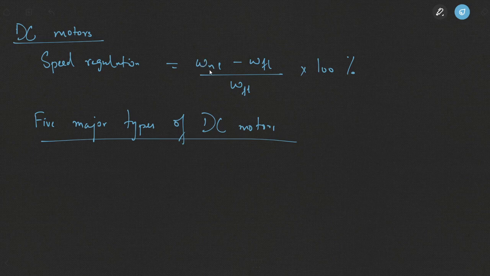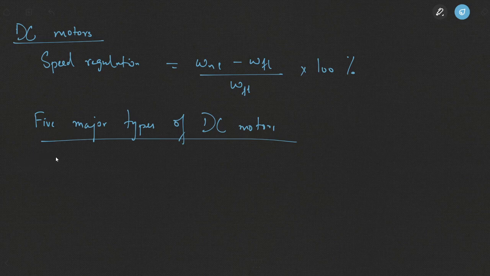Negative speed regulation means as soon as you load the motor, its speed will increase. And that will depend upon the type of load you are using. Also, how quickly and how much the speed falls determines the performance of the DC motor and is a measure of its speed-torque characteristics.